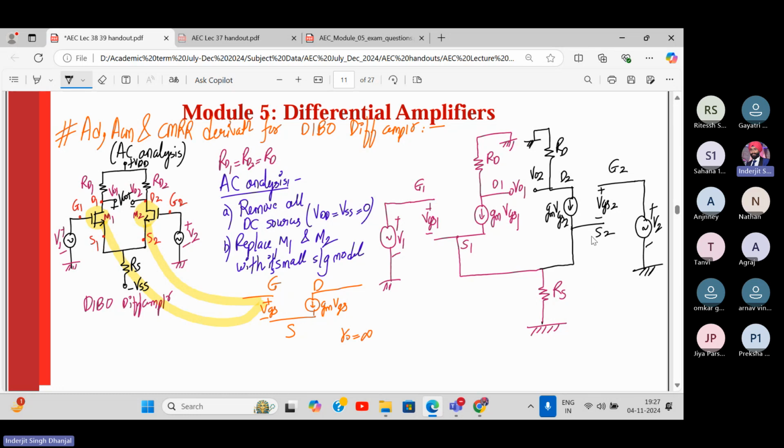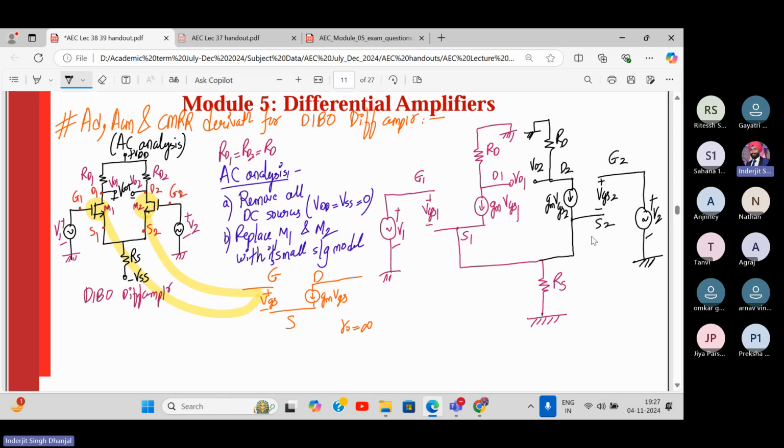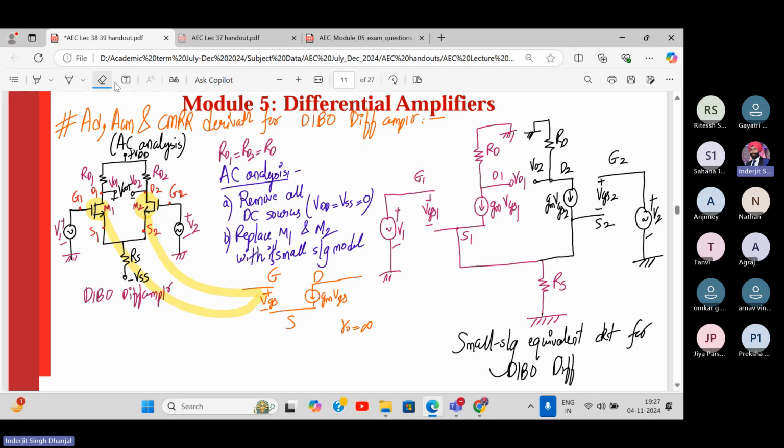So this is my small signal equivalent circuit. Write down the small signal equivalent circuit for the differential amplifier. Please draw the circuit now. My entire derivation lies with drawing this circuitry perfectly.